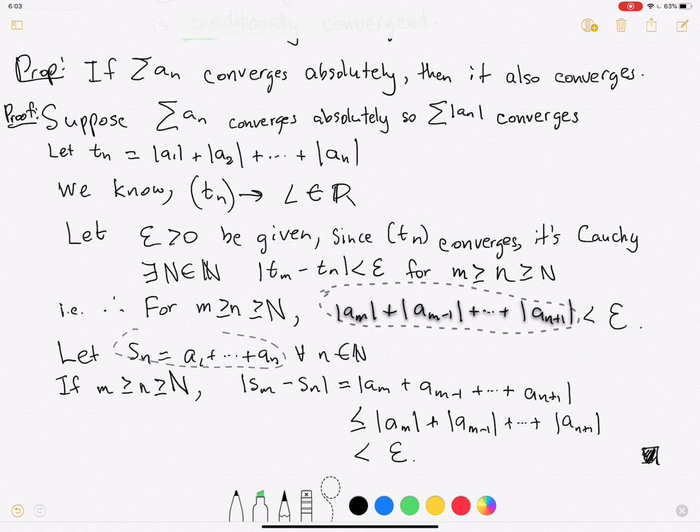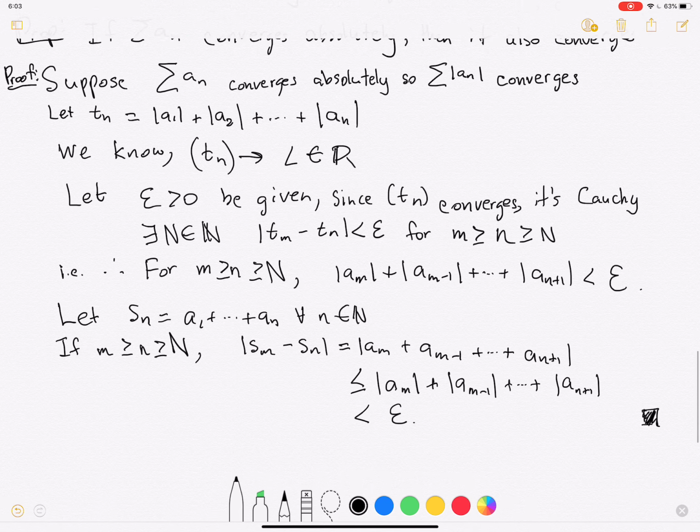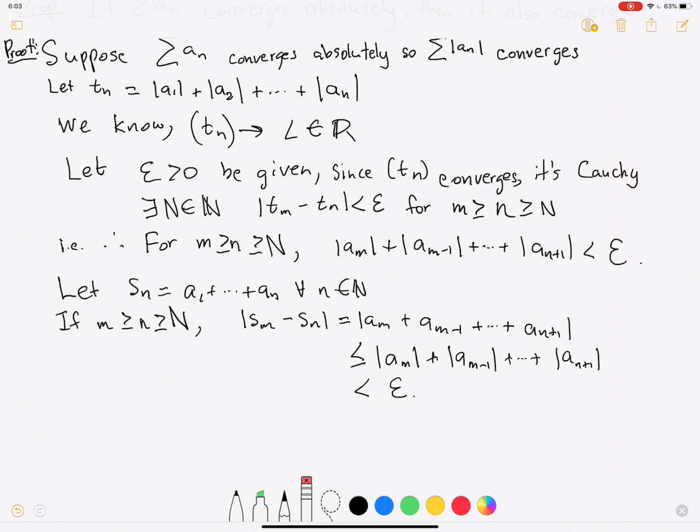Now we expand this sum out, and that's less than or equal to the sum of the absolute values by the triangle inequality, which is less than epsilon. So then, just for completeness' sake, therefore the series a_n converges.